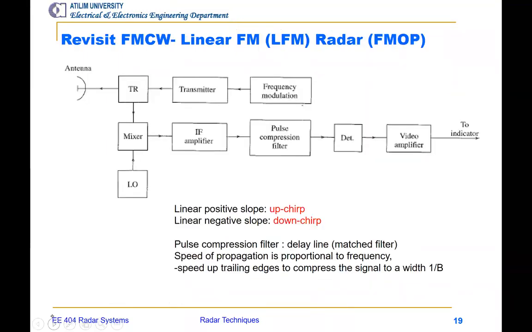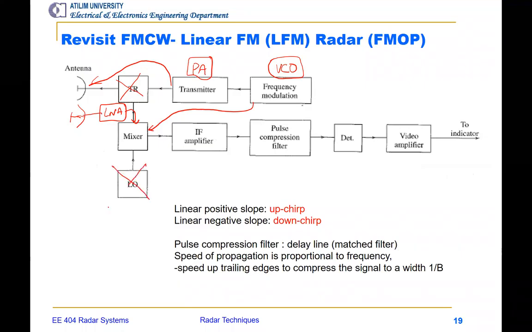So here is FMCW radar. We have already studied this in the laboratory, as you might remember. We use a VCO as a generator, and then a power amplifier, and then an antenna directly connected. We do not have a TR module in the laboratory. For the receiver, we have a second antenna, connected to an LNA, and then a mixer with this VCO.